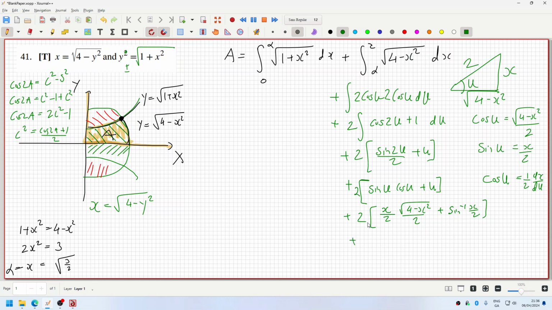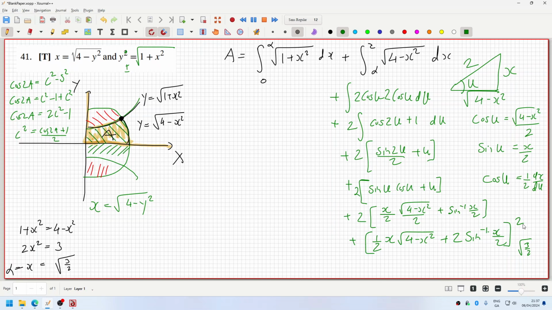So if I multiply in the 2, that would be a half x root 4 minus x squared plus 2 sine inverse x over 2 with the limits of root 3 over 2, 2.